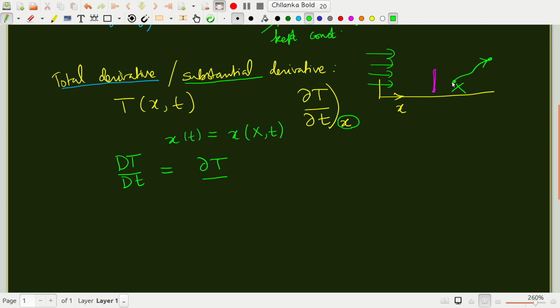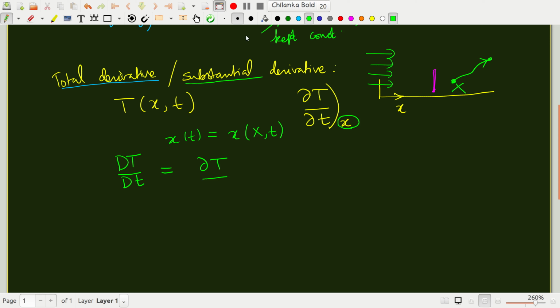Often it is useful to also calculate what is called the total or substantial derivative, wherein you don't sit at a given point in space, rather you follow a given fluid particle as it travels in the flow. Here the fluid particle is denoted by the label capital X, which could be the initial position of the particle at a given time, and then you follow the particle as a function of time.